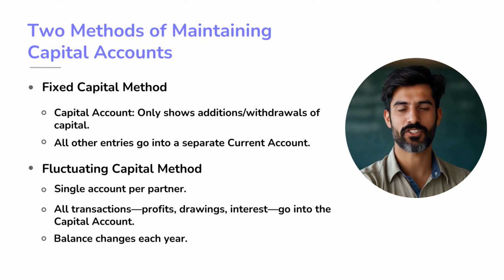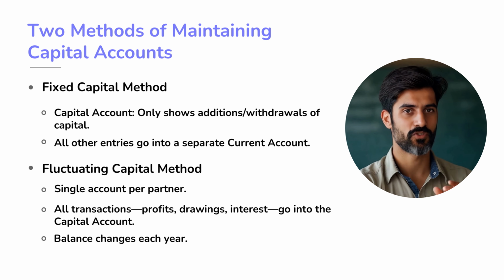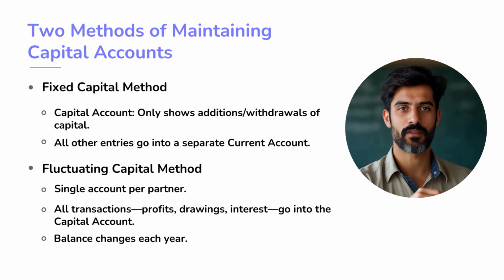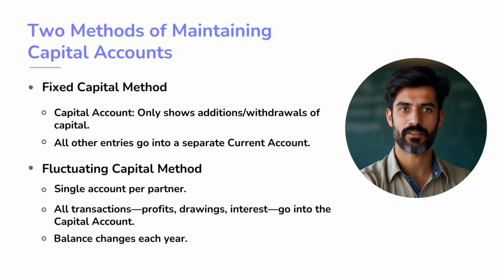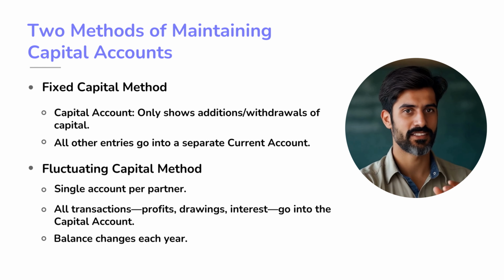All other transactions, like profit share, drawings, interest, or salary, go into a separate current account. So, each partner has one capital account, one current account. For example, Ria invests rupees 3 lakhs and earns 30,000 profit. Her capital stays 3 lakhs while 30,000 goes to her current account.